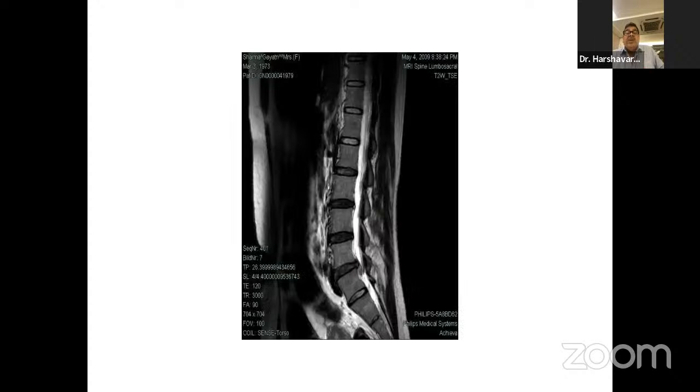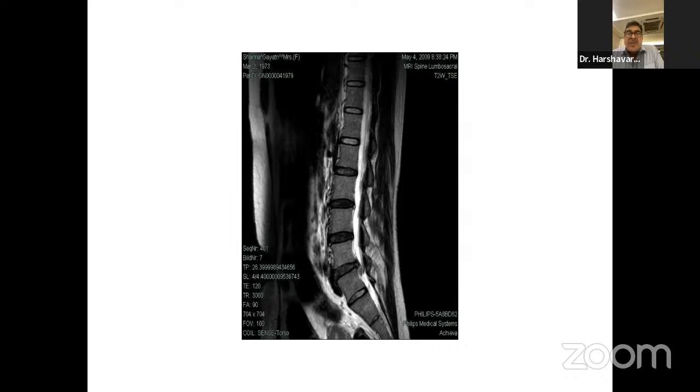This is a lady who came to us with back pain. You can see that she has a disc problem at the lowest disc, and since she was young and wasn't getting relieved, one other indication is that the person should have back pain in spite of physiotherapy exercises and living an active life.